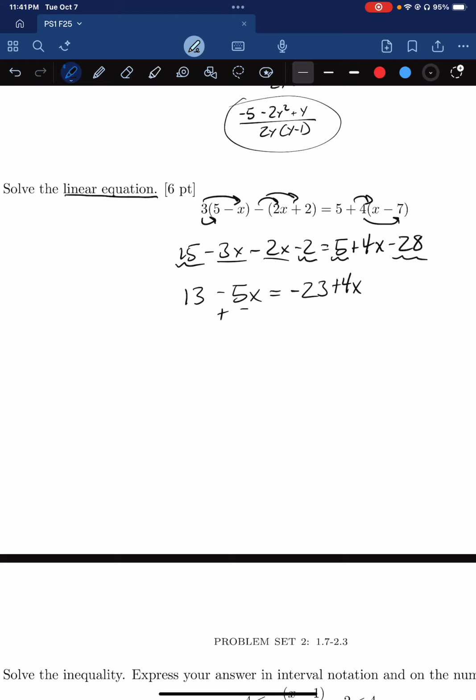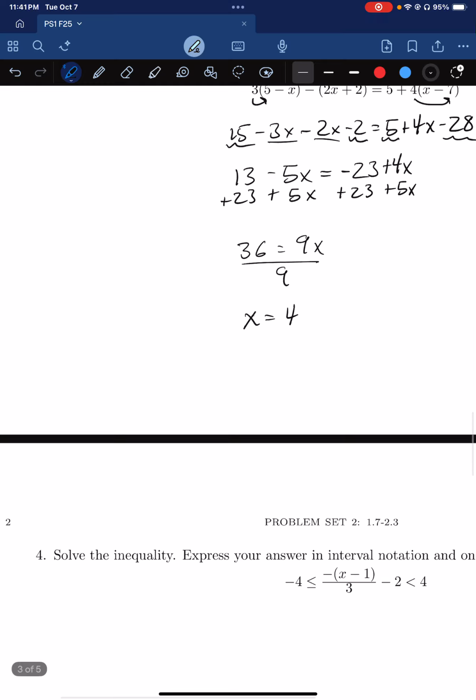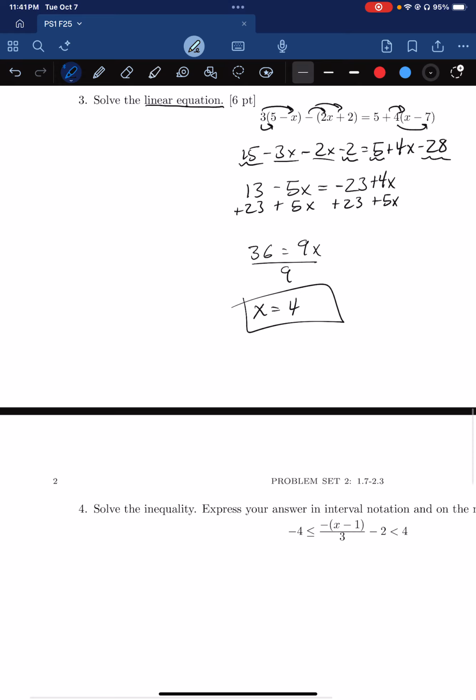Let's add 5x to both sides. Let's add 23 to both sides. 13 plus 23 is 36. 5x plus 4x is 9x. Divide by 9, we get x equals 4, because 36 divided by 9 is 4. And that's it.